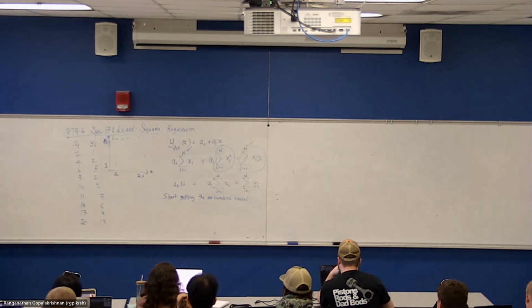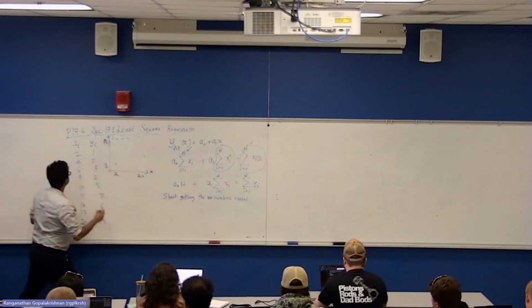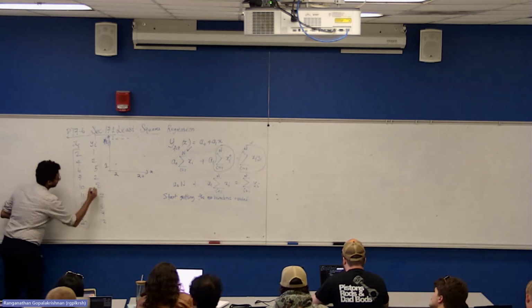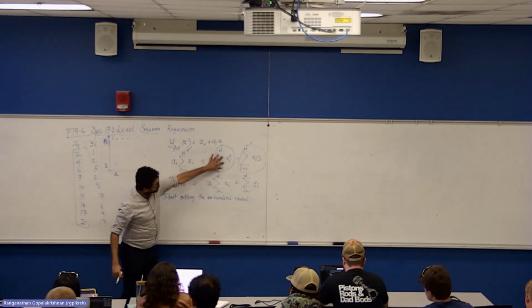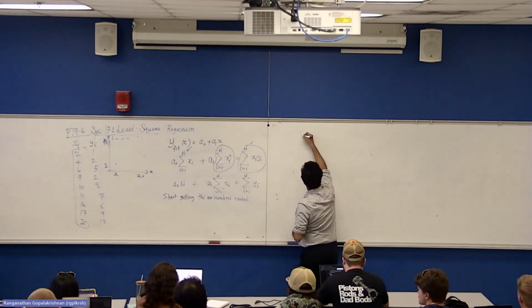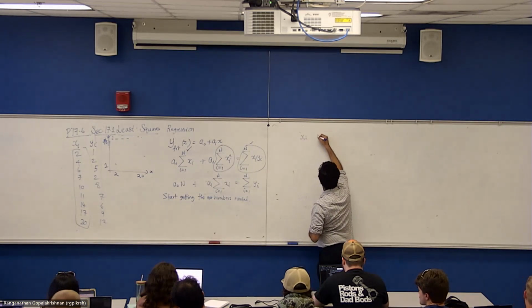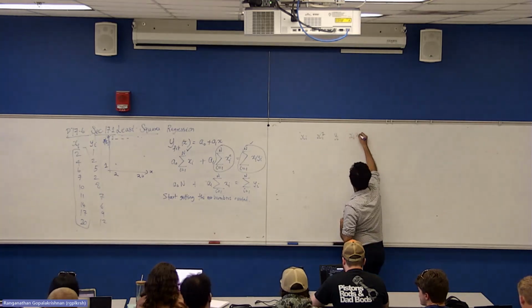So what do we need? We need sigma xi, so you need to sum up all of this. You need sigma yi, sigma xi squared, and sigma xi yi.